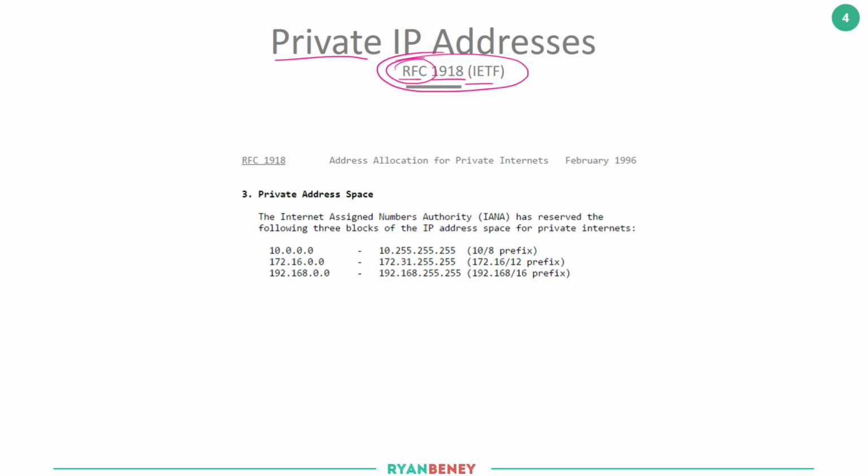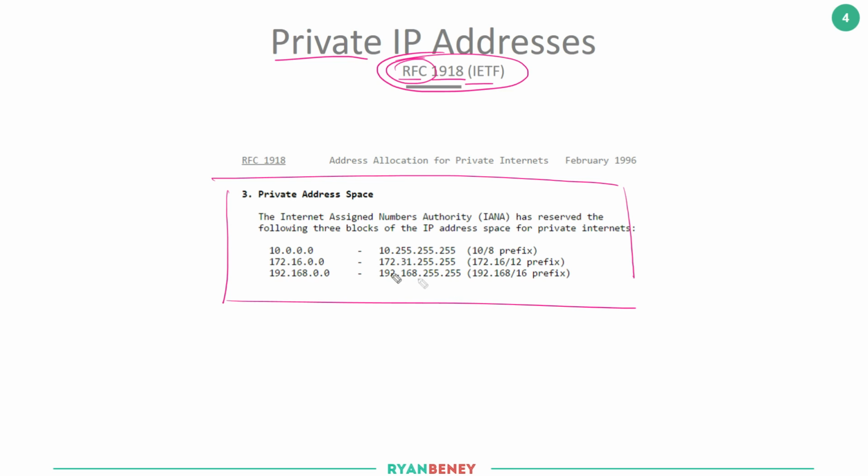And this documentation, RFC 1918, outlines the private address space, explaining that the 10.0.0.0/8 range is a private Class A IP range, and 172.16 to 172.31, which is a /12, is a Class B private IP range.